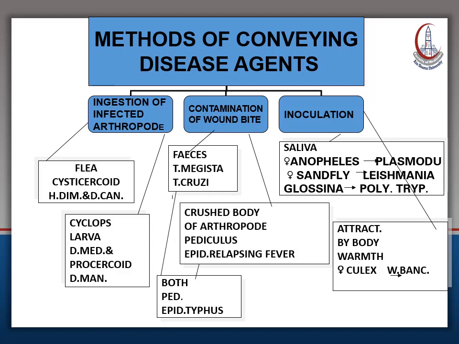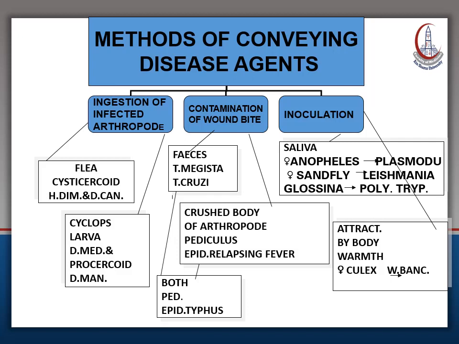Now we finish talking about what happens to the disease agent inside the body of the arthropods. Now the arthropods carrying these agents of disease, how do they convey it to man? Or in other words, how do we get infected by these agents carried by the arthropods?